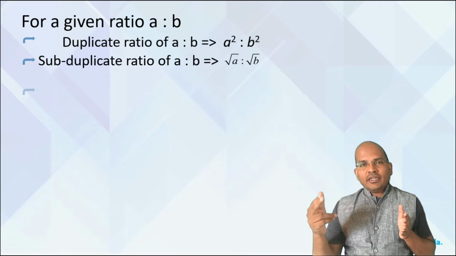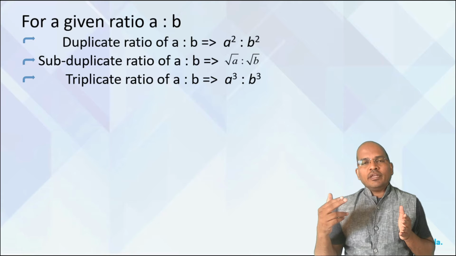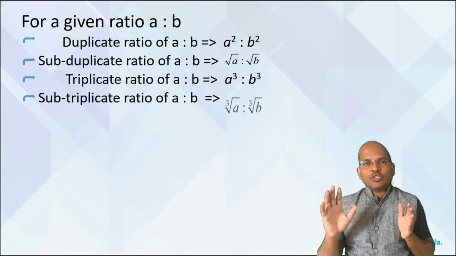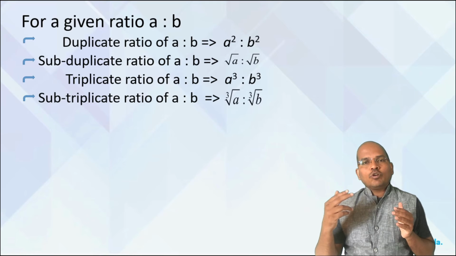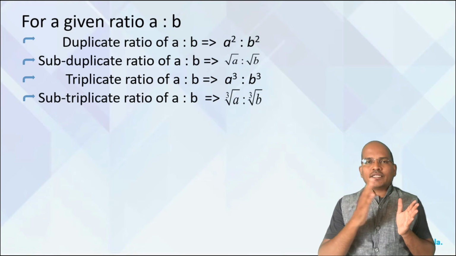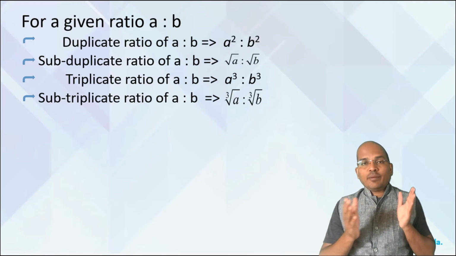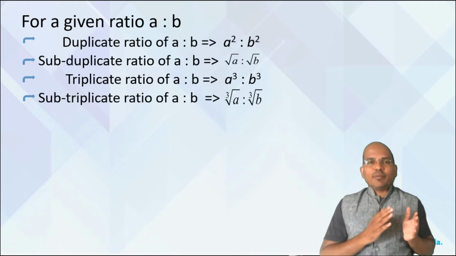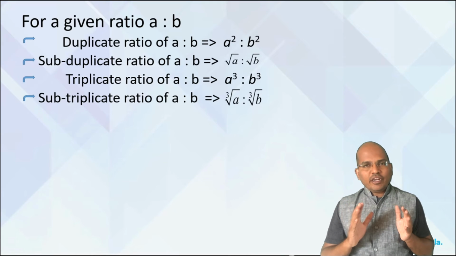Similarly, triplicate ratio of A is to B would be A cube is to B cube, and subtriplicate ratio of A is to B is the cube root of A to the cube root of B. So duplicating is squaring, triplicating is cubing, subduplicating is square rooting, subtriplicating is cube rooting. Am I clear to you all?